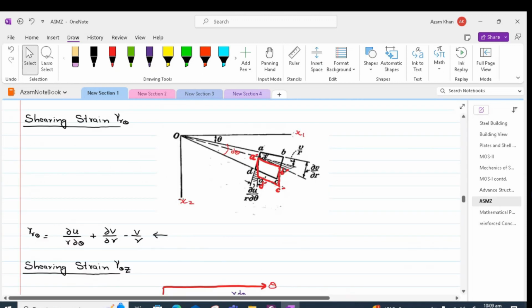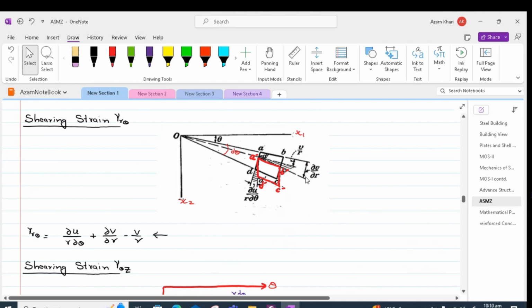In the case of AB, as we discussed previously, we will have the total rotation which will involve rigid body rotation also. So in the tangential direction, we have partial V by partial r, remembering that AB is equal to dr or partial r.